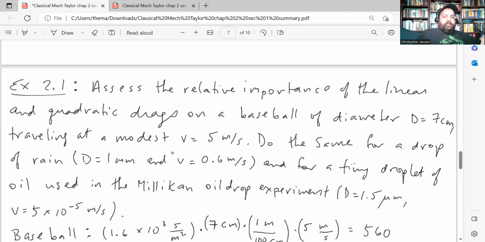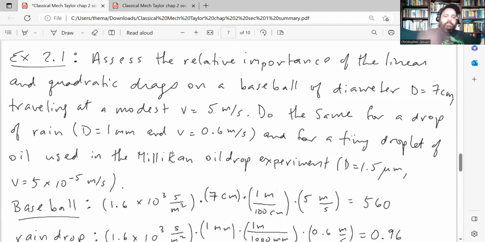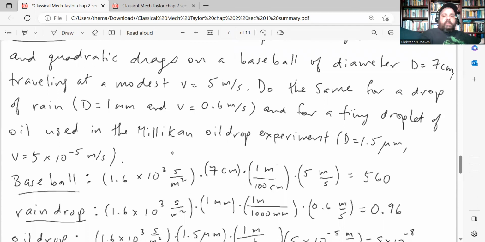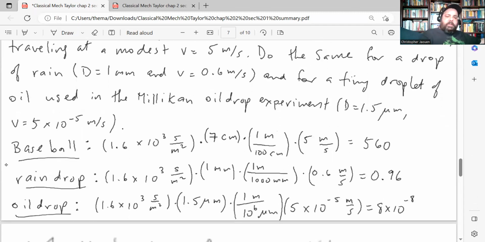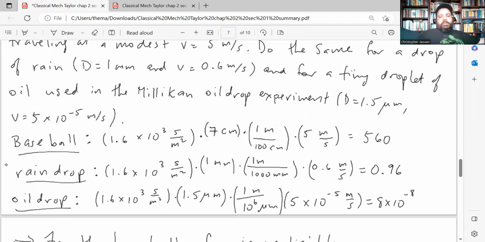and the velocity is 5 times 10 to the minus 5 meters per second. So just plugging into the formula, you do have to be careful about your units here. Make sure you convert everything so that the units all match. For the baseball, you take 1.6 times 10 to the third seconds per meter squared times the diameter times the velocity. Notice that I'm converting the diameter into meters because he gives it to us in centimeters.